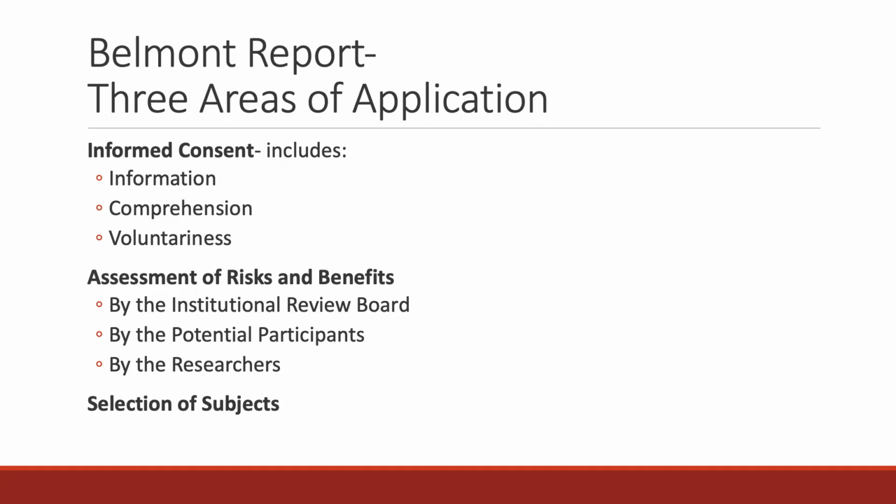Informed consent requires that participants receive adequate information, comprehend that information, and voluntarily agree to participate. Second, assessment of risks and benefits, which evaluates whether the study design appropriately protects participants.